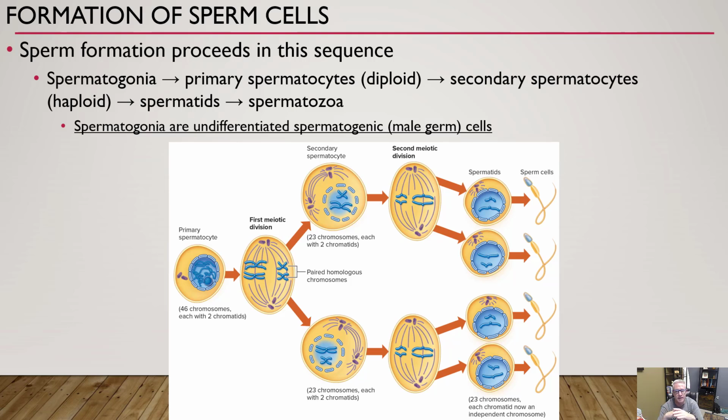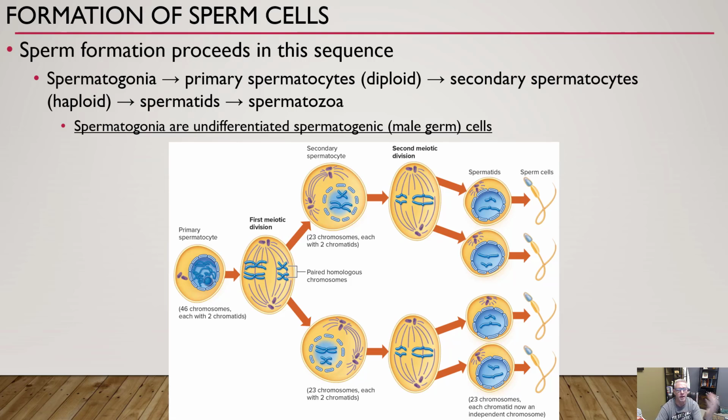Then during the second meiotic division, 4 spermatids are formed, each with 23 chromosomes, and each chromatid now represents an independent chromosome. And these spermatids that are produced are now the sperm cells.